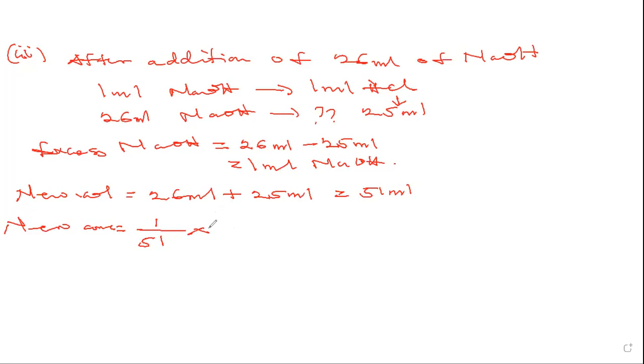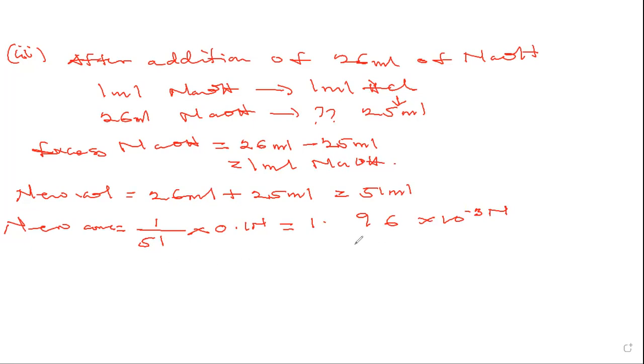And what is the concentration of the base that we had initially? It was 0.1 normal. And by putting this on our calculator, 1 divided by 51 times 0.1, we are going to get 1.96 multiplied by 10 raised to the power negative 3 normal as our new concentration of the solution.